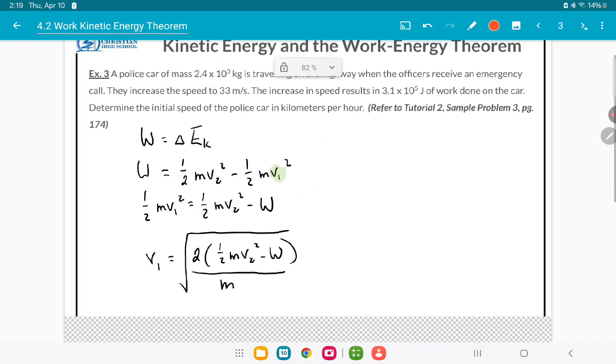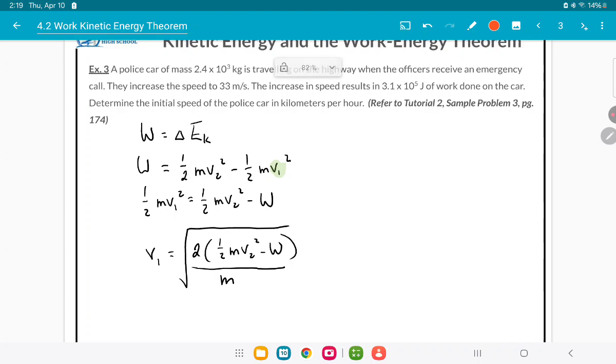And finally, we have a situation where we have a police car that's going to speed up, and we want to know what the initial velocity was. So we increase to a speed of 33 meters per second, and that results in this much work being done, 3.1 times 10 to the 5 joules. Again, we set our problem up the same way here, noting that we're solving for v1.